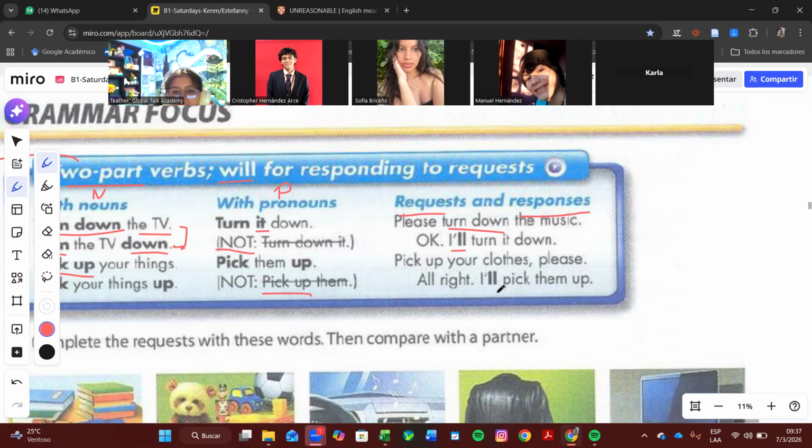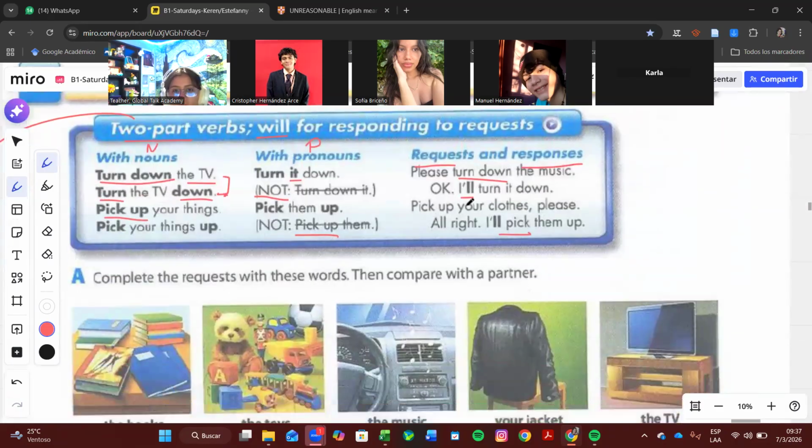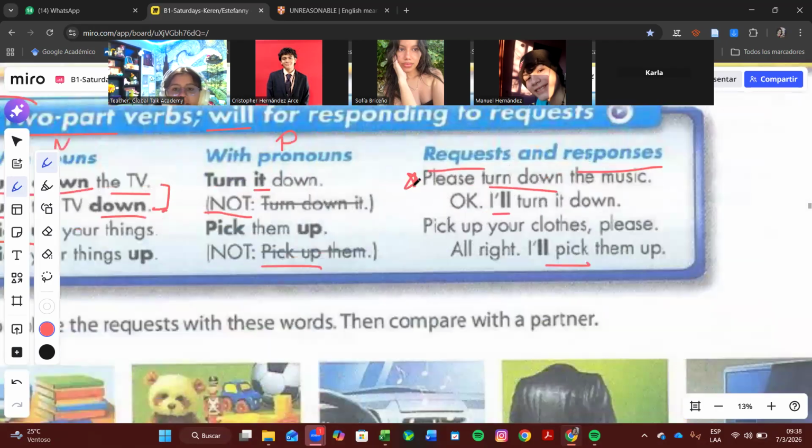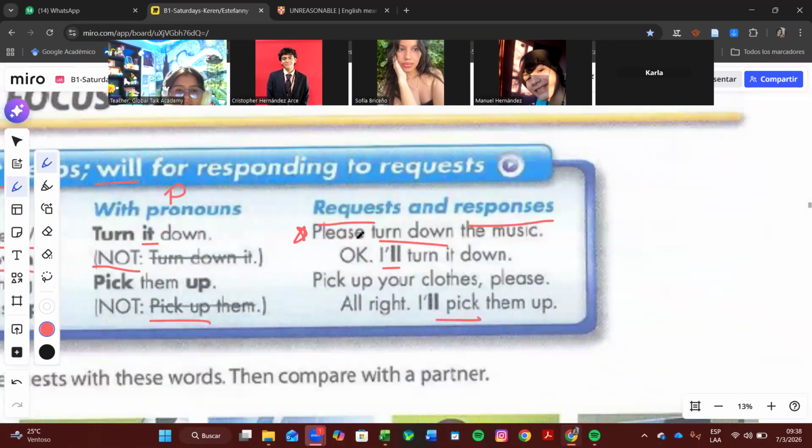All right, I'll pick them up. I will pick them up. Okay. So we have the request, I'm asking for something: please do that. And here we have the response. Okay, I'll turn it down. Pick up your clothes. All right, I'll pick them up. Okay.